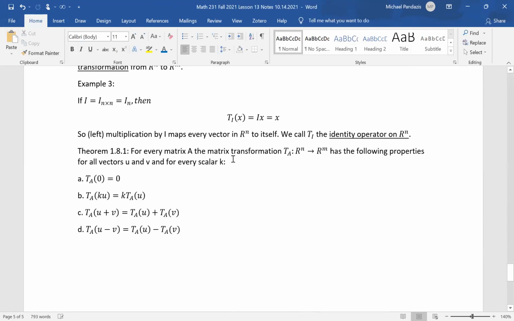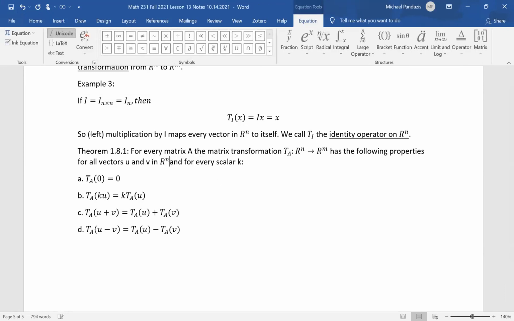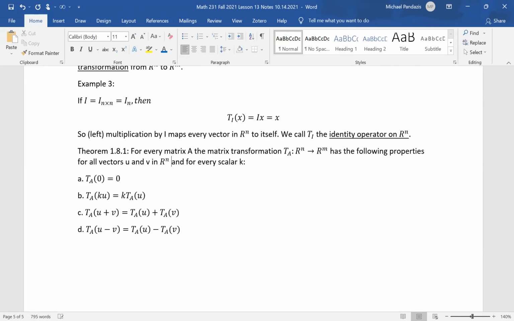Okay, so for every matrix A, the matrix transformation T sub A from Rn to Rm has the following properties for all vectors u and v in Rn, because it's in the domain. It doesn't need to be said, but I'm just adding it so that you know. So those are elements of Rn, and for every scalar k. Remember, a scalar is just a constant.